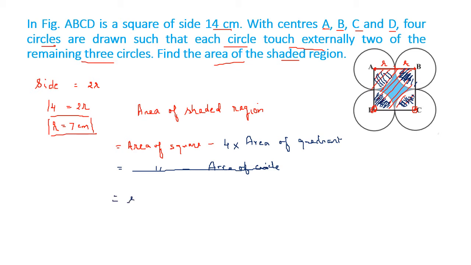So area of the square is side square and area of quadrant is one-fourth of a circle. So we have 14 into 14 minus 4 into 22 upon 7 into 14 into 14 upon 4. So 4 and 4 get cut.